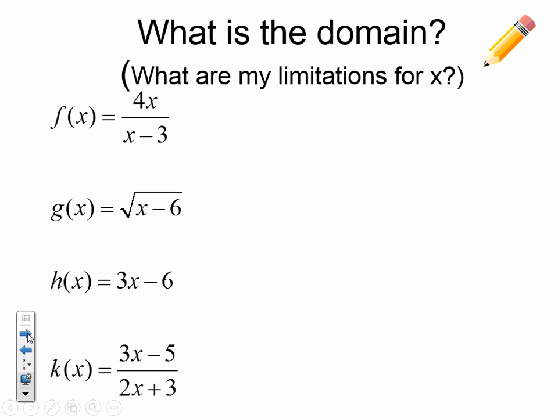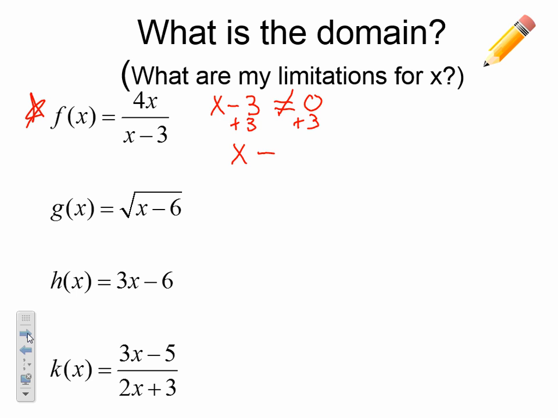All right, here we go. So we have to check out our limitations. We're going to have a lot when we're dividing and when we're taking square roots of things. So if we look at this, we know we can't divide by 0. So for this example right here, ladies and gentlemen, what we're going to do is we're going to say x minus 3 cannot equal 0. So to solve this, we would add 3 on both sides, right?